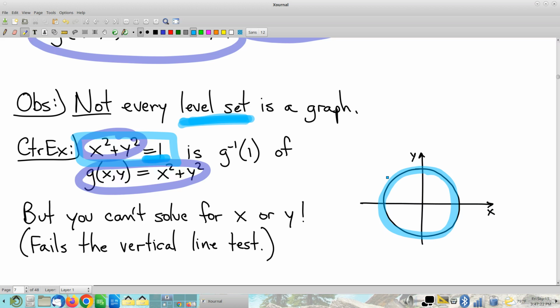You can try. You can write y equals plus or minus blah blah blah. That's not a function. A function can have only one output for any given input, and that whole plus minus thing doesn't count.